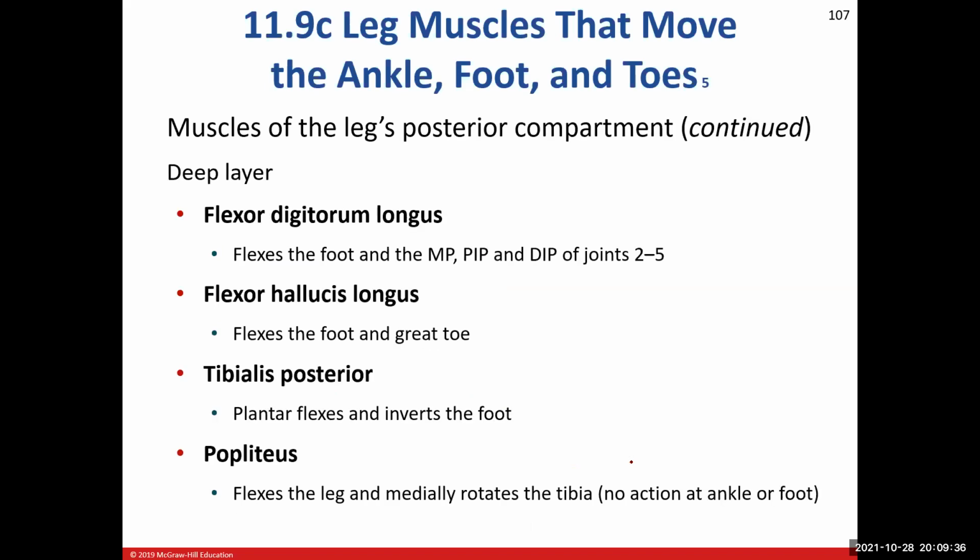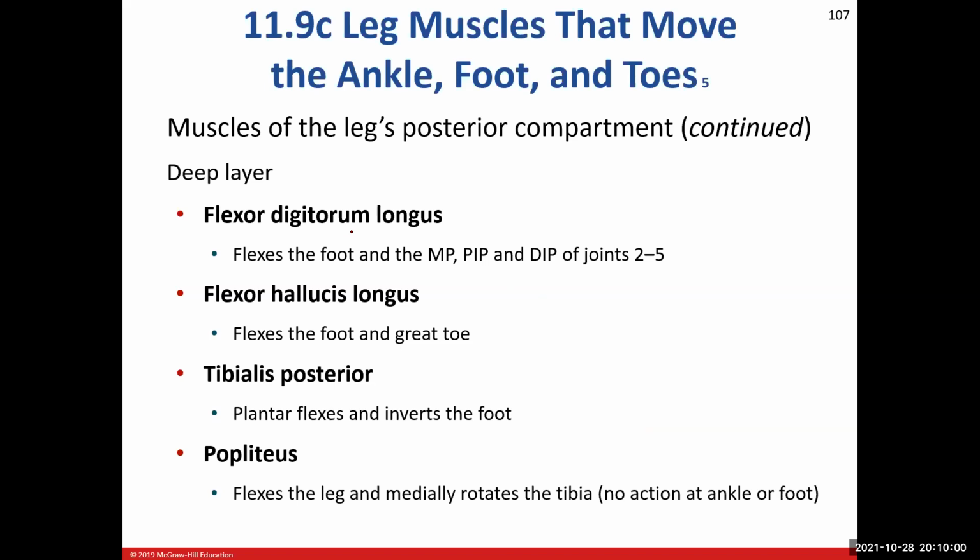Our deeper layer, we have the flexor digitorum longus, the flexor hallucis longus, tibialis posterior, and popliteus. Flexor digitorum longus, again, this muscle name tells you what it's doing. The longer muscle is going to be found in the leg. The shorter muscle will be found in the actual foot, the muscle belly itself.